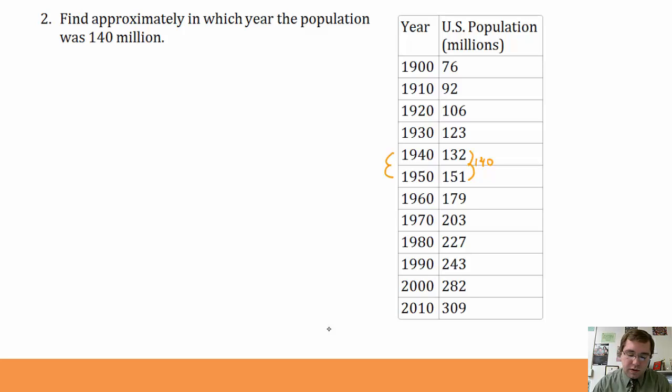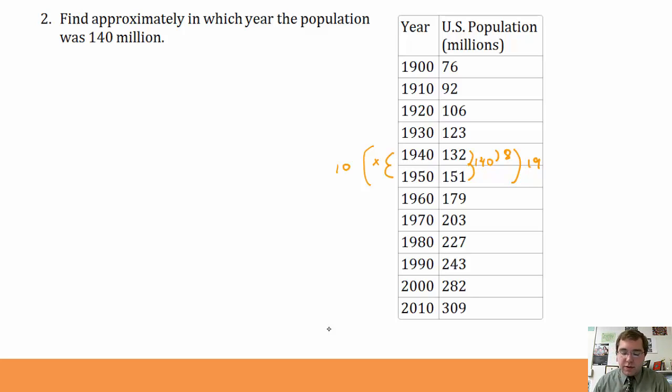All right, so let's call that increase from 1940 to my mystery year, my X. It's an overall increase of 10 years, from 1940 to 1950. My increase from 132 to 140 is 8. My increase from 132 to 151 is 19 million in this case.